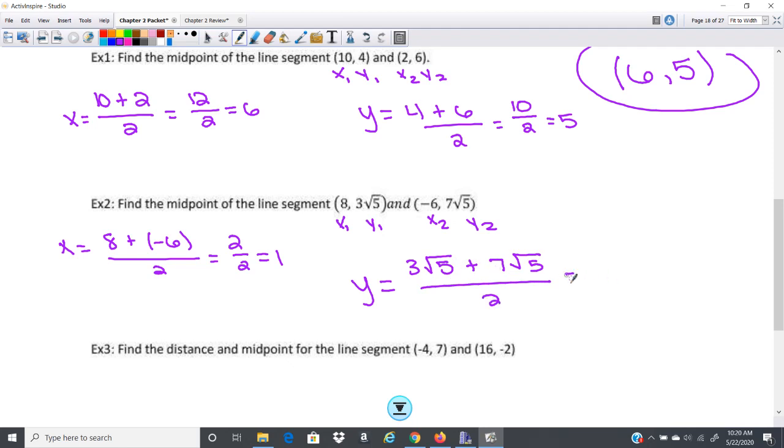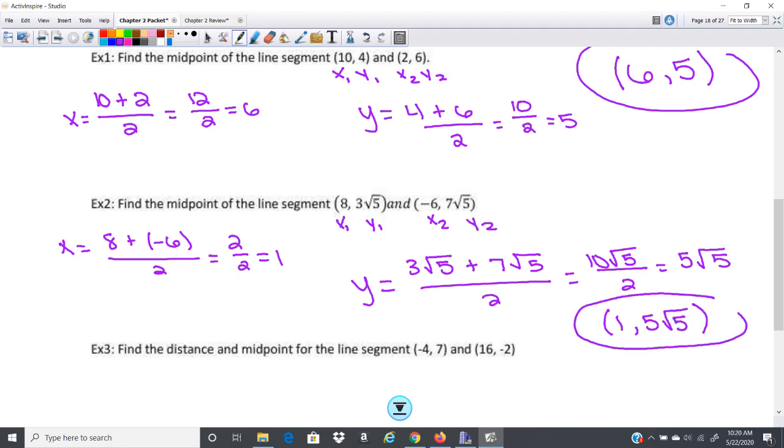So 3 plus 7 there is going to give you 10 radical 5 over 2. 10 over 2 will give you a 5 radical 5. So that's going to be your y value. You would put that as 1, 5 radical 5. Now here you don't want the approximate answer because it wasn't given to you in those terms. If it's given to you as a radical, you would leave it that way.